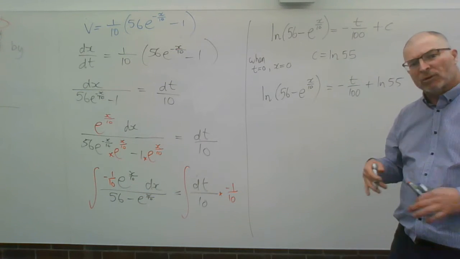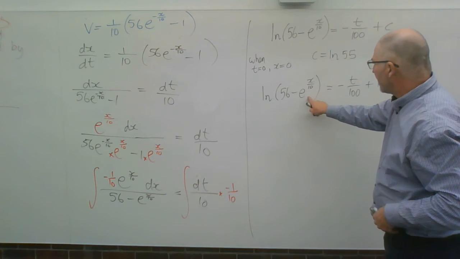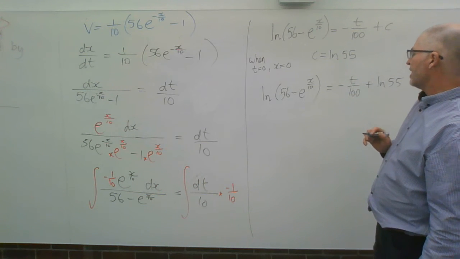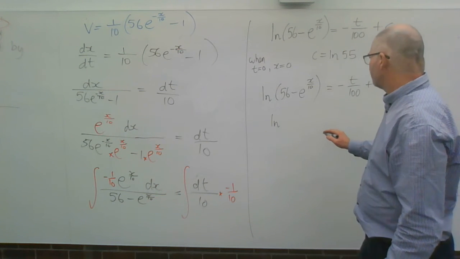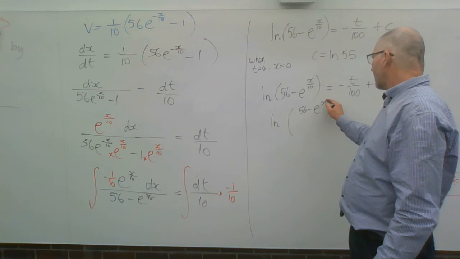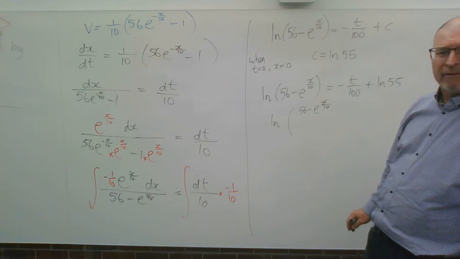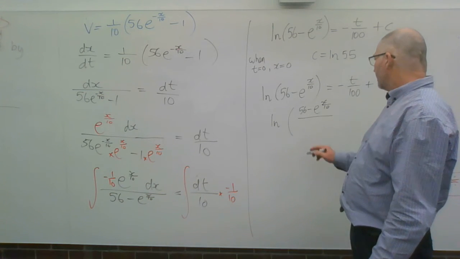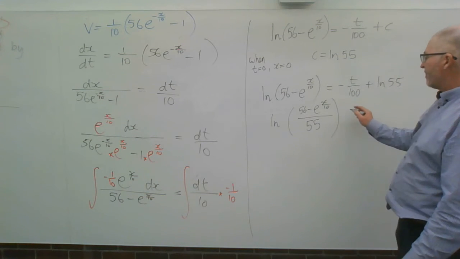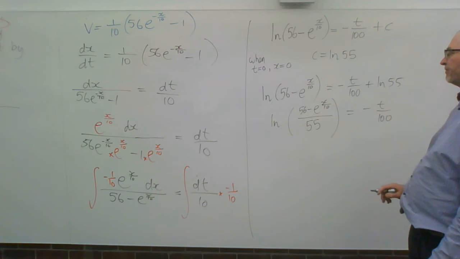Let's do a bit of natural log arithmetic again. Like we want to get this e to the x by itself there. So we've got natural log of 56 minus e to the x on 10, and it'd be minus natural log of 55. So that will be divided by 55, and that's equal to negative t on 100.